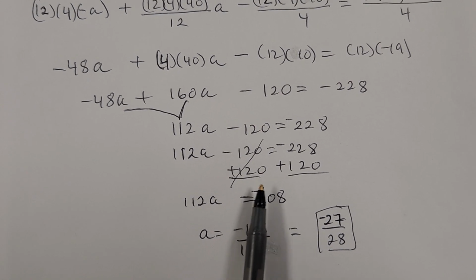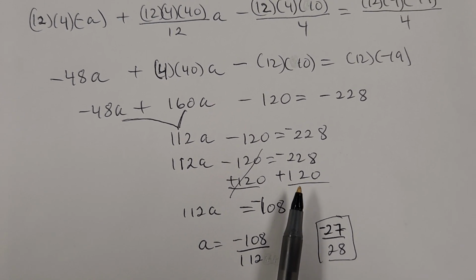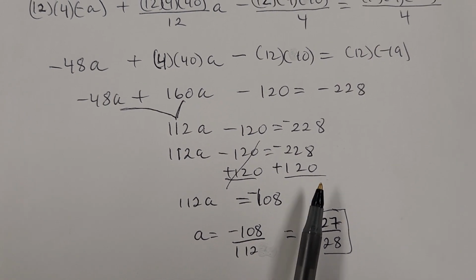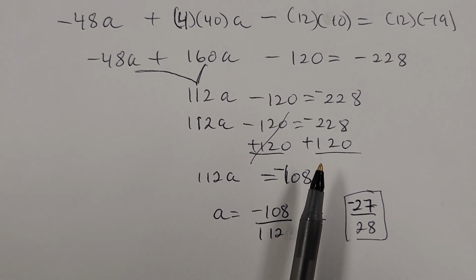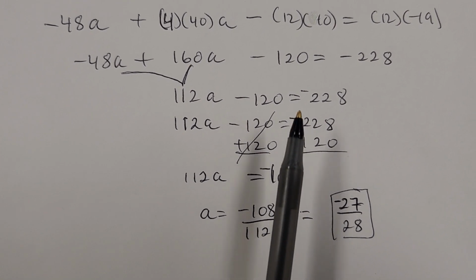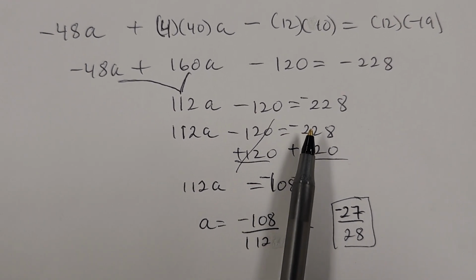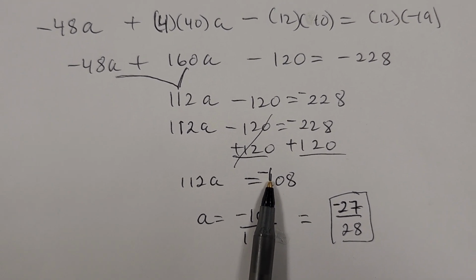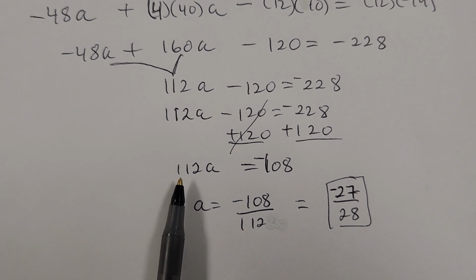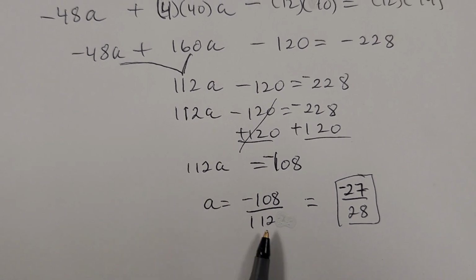Again, don't forget the negative because 228 is bigger than 120. So again, when you add and subtract negative numbers, be very careful, the bigger number always takes the sign.